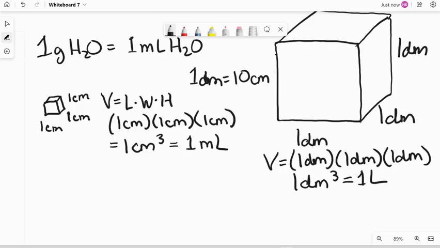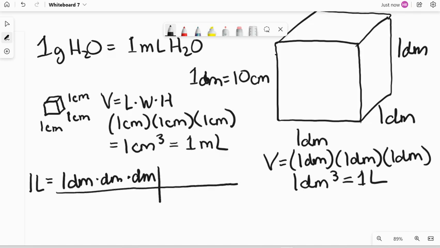So now let's connect these to each other. If I have 1 liter, which is 1 decimeter cubed, this is what 1 decimeter cubed is. In order to cancel each of these decimeters, I'm going to use this equivalency statement.